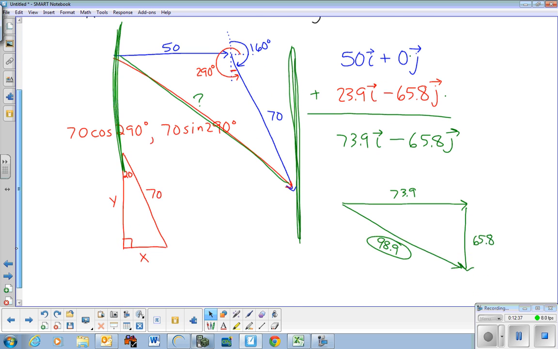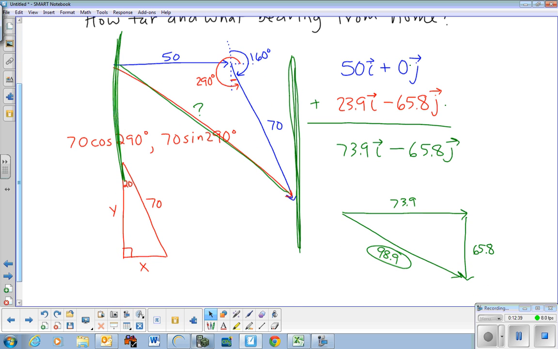Now, what about the angle? We also want to know the bearing from start to finish. So basically, what we want to know is this angle, call it alpha, so that we can find this angle, the bearing. The angle is usually going to be found with an inverse tangent.